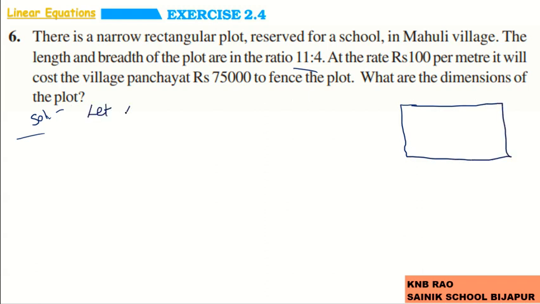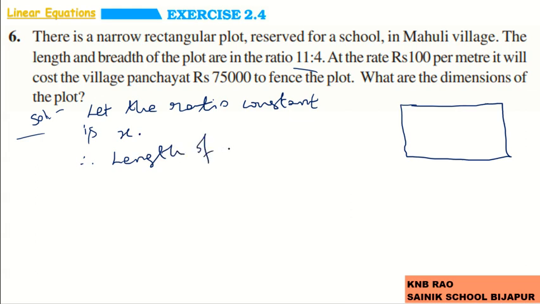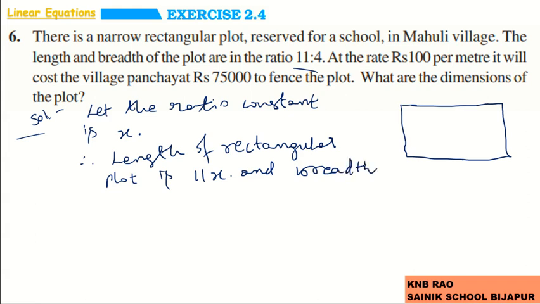So let the ratio constant be x, therefore the length of the rectangular plot is 11x and breadth is 4x.